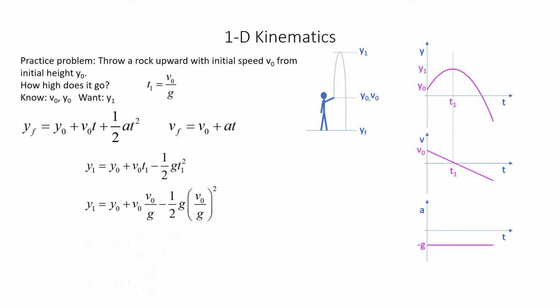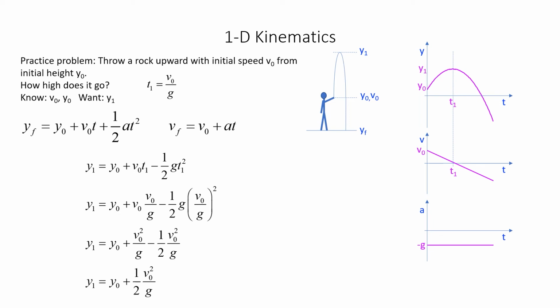Now I've already found out what t1 must be in terms of the given variables, so I can substitute t1 into the two places where it shows up in the equation. I can do a little bit of simplification, multiply the v0 through and cancel one of the powers of g, and combine those two last terms into one term.